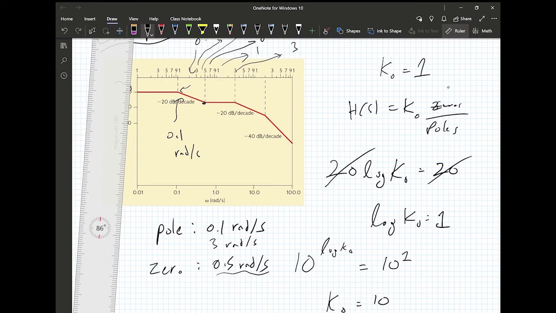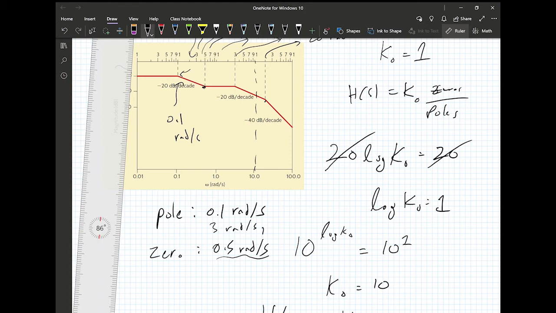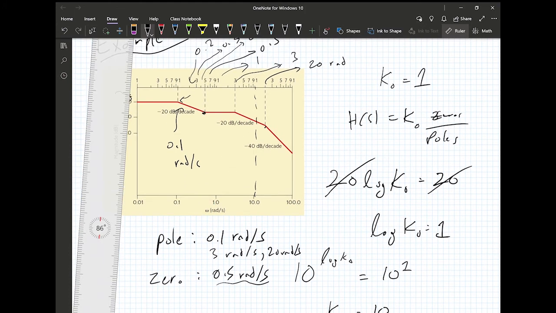Okay, and then we continue going minus 20 dB per decade. But then we go another minus 20 dB per decade, and the slope doubles to minus 40 dB per decade. This is at 10 rads per second, this is at 20 rads per second. So there is an extra pole now at 20 rads per second. Okay, and that's it. It continues after that.